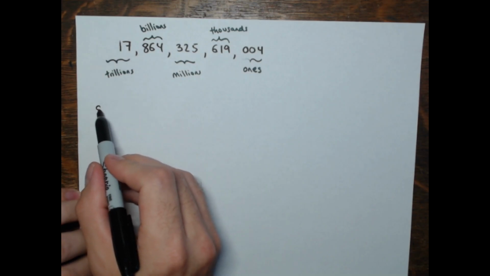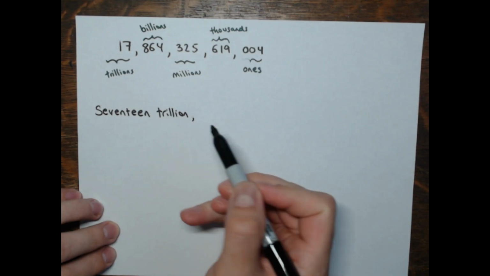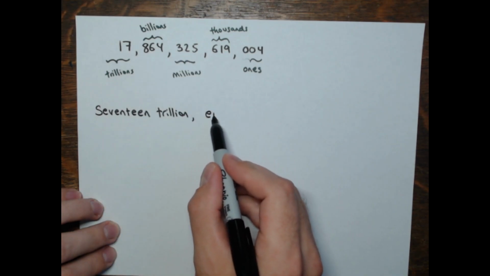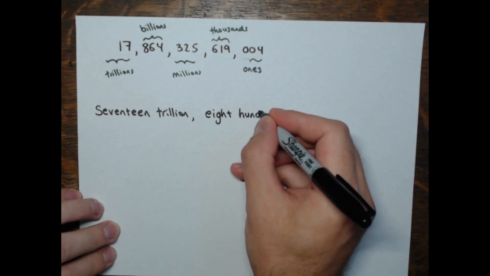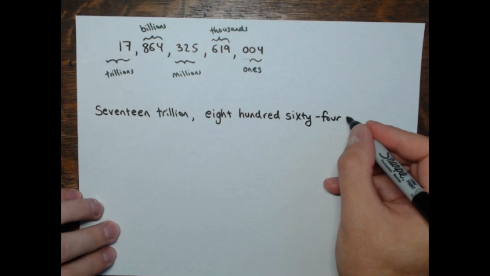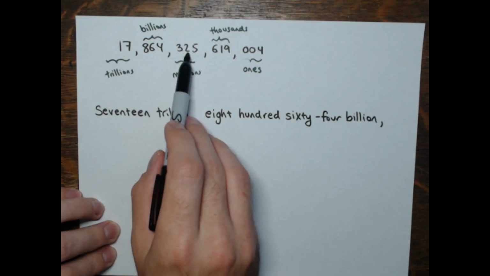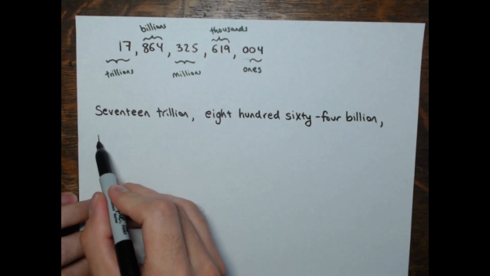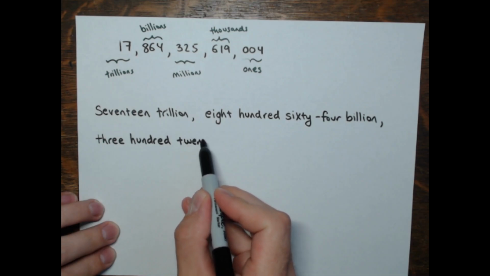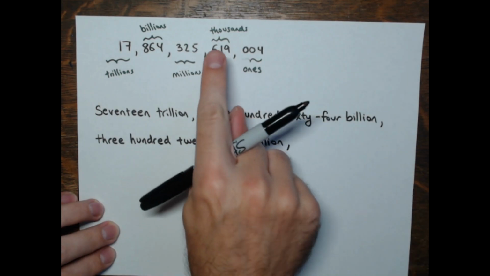So there are 17 trillion, comma, 864-billion, comma, 325-million, comma, 619.